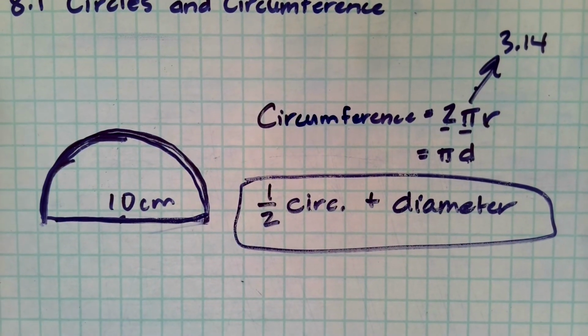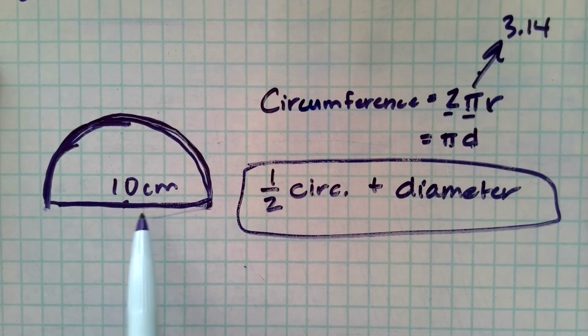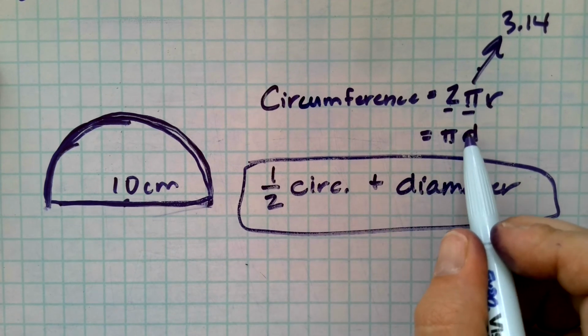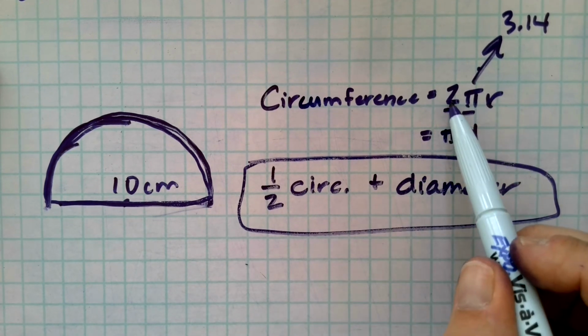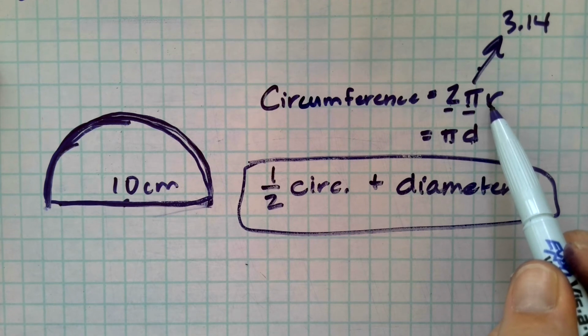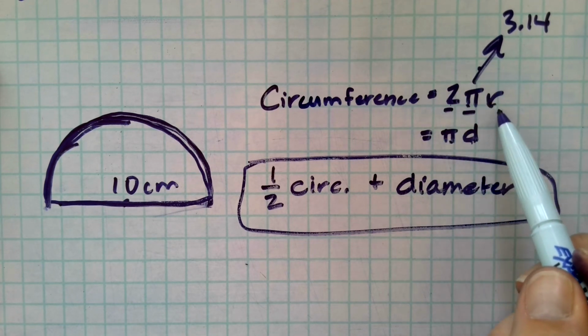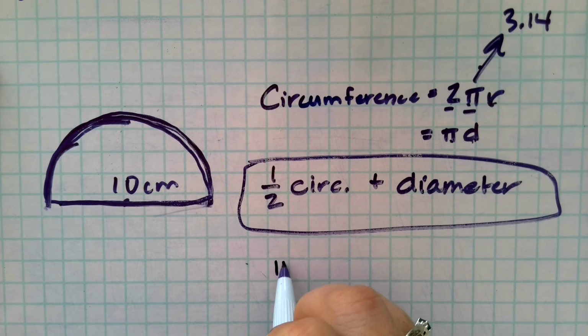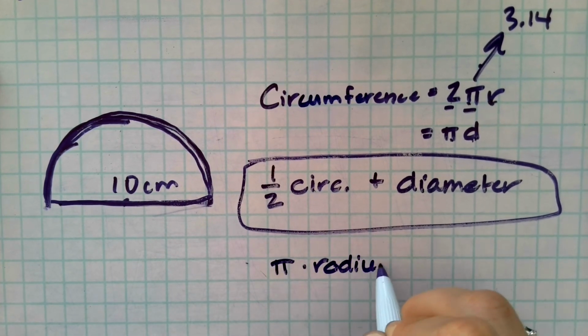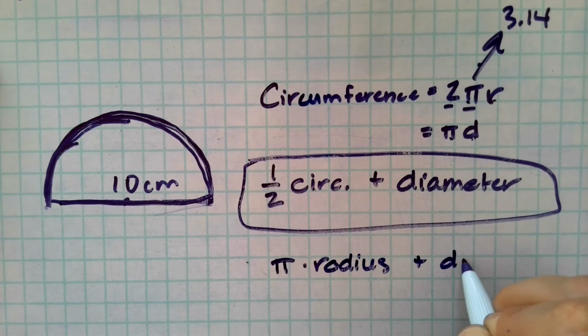So let's do this. Let's find the perimeter of this semicircle. The circumference would be 2 times pi times r for the entire circle. But if we want half of that, we would divide by 2. So it would just be pi times the radius plus the diameter, right?